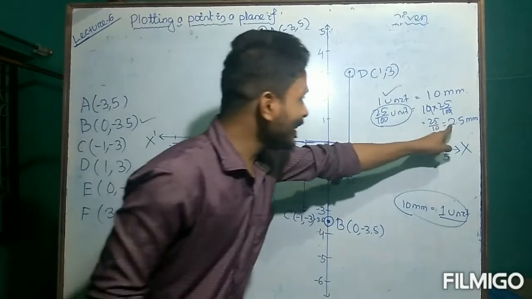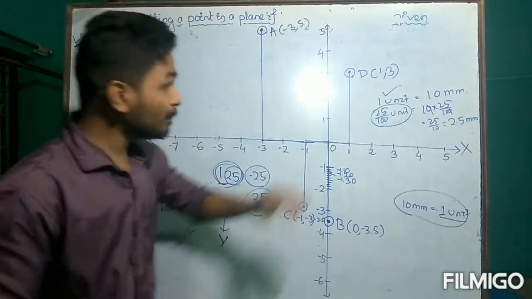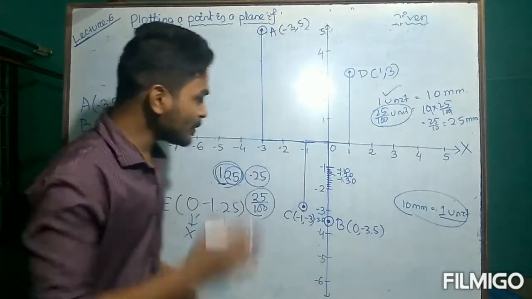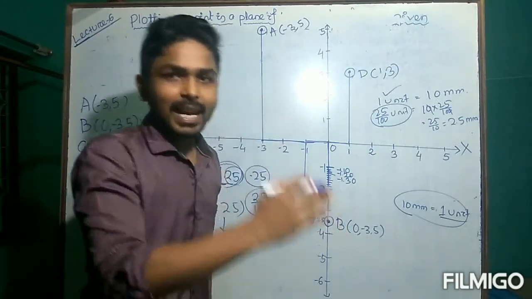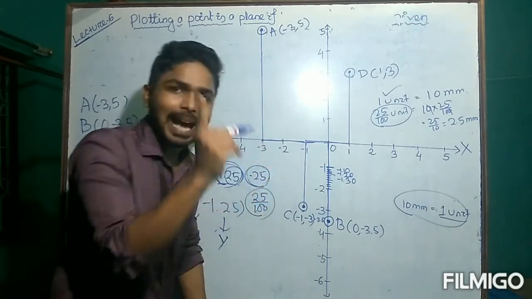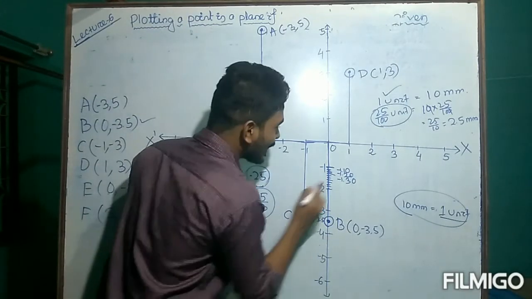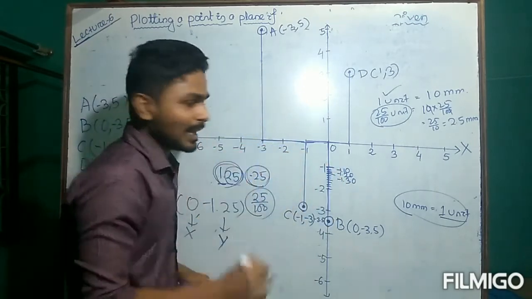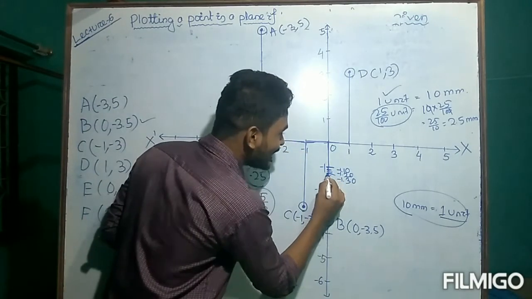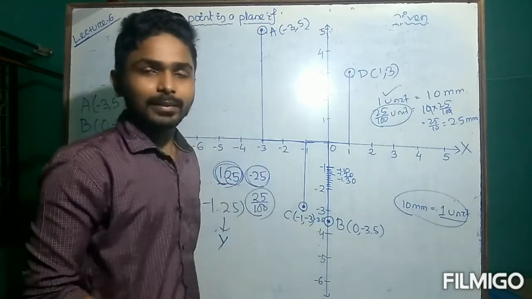But I have to find 2.5 millimeters. That means you have to calculate the straight line at which 0.25 will lie. So how can you calculate? See, this is the first point, this is the second point, and in between the second and third point there should be a middle point.